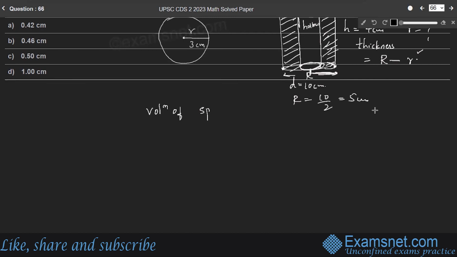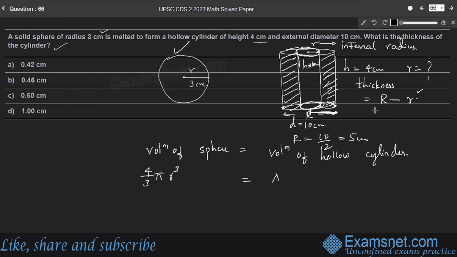The volume of the sphere formula is 4 by 3 pi r cube, which is equal to the volume of the cylinder, pi r square h. Since it is a hollow cylinder, it is pi into external radius square minus square of internal radius, into height of the cylinder.